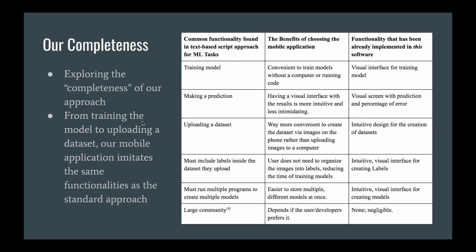From training the model to uploading the data set, our mobile application imitates the exact same functionalities as a standard approach, with the benefit that it is extremely easy to navigate and there's really no code involved at all. Virtually anyone can just use the application and make a model on their own without having to write a single line of code.